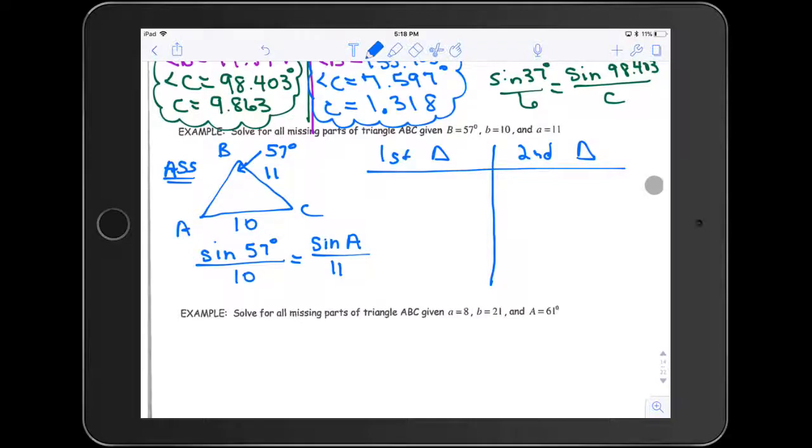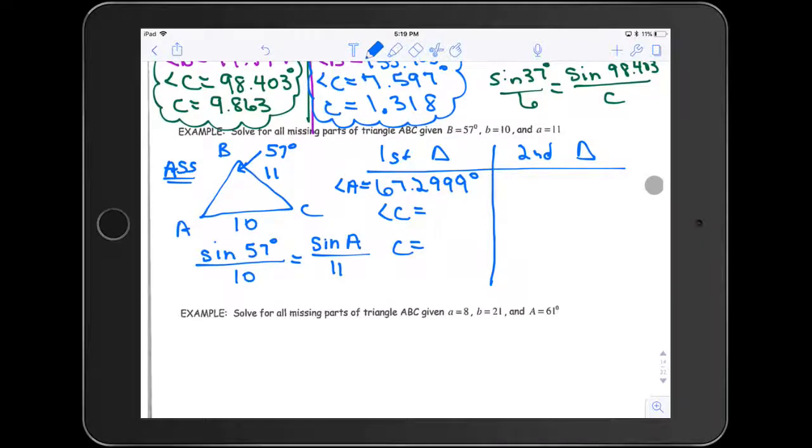And really what I tend to do is, once I find angle A, which is in this case 67.2999 degrees, if you want to go 67.3, I totally get that. So this is angle A. Then I would highly recommend just going right down and finding angle C and side C right away. Just solve that entire triangle.